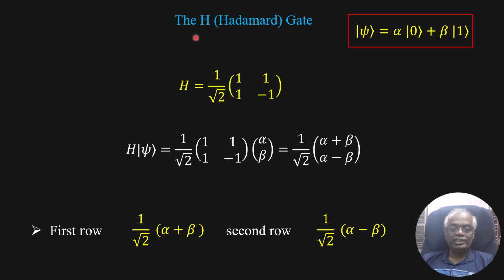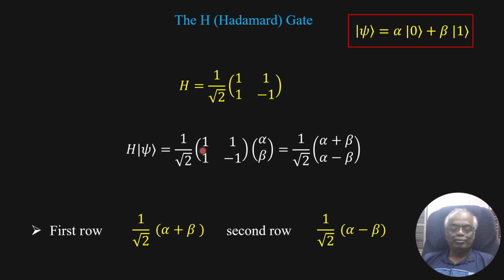Now we are going to see one very important gate, that is the Hadamard gate. It is represented as H. H by definition is equal to 1 over square root 2 times [1, 1; 1, -1]. So when H acts on ket psi, the H matrix is 1 over square root 2 times [1, 1; 1, -1], and ket psi can be written as the column matrix alpha beta.